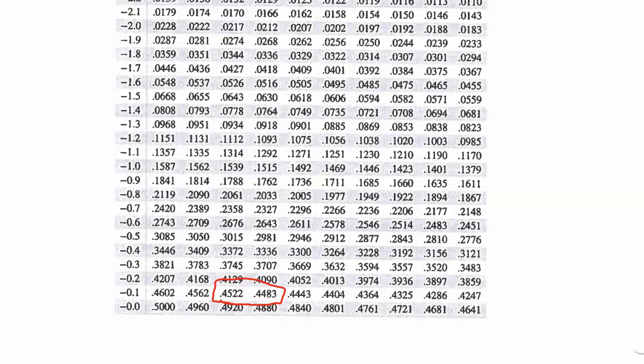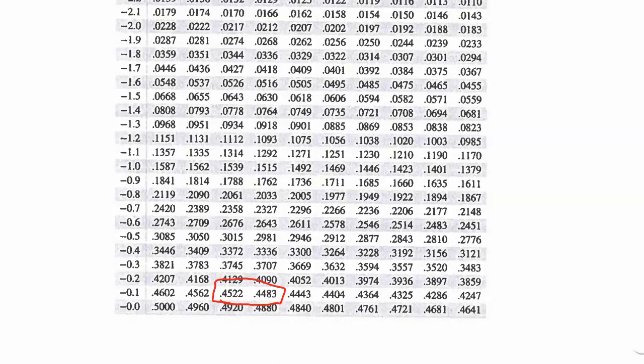What I have to now do is figure out, is 0.4500 closer to this one, or is 0.4500 closer to this one? You can actually do some subtraction, but let's think about this. I just have to add like 17 points here.